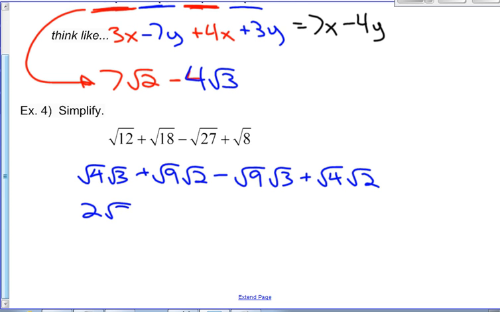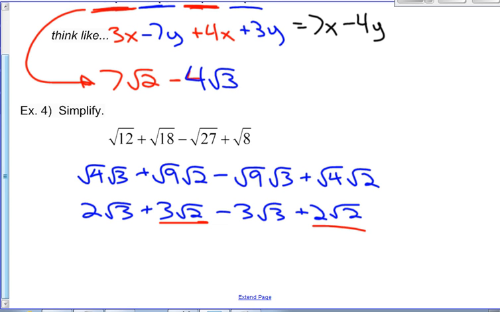Or 2 root 3 plus 3 root 2 minus 3 root 3 plus 2 root 2. Let's look at our like terms. In terms of root 2's, we have 5 root 2. In terms of our root 3's, we have 2 root 3 minus 3 root 3. So that's negative 1 root 3.